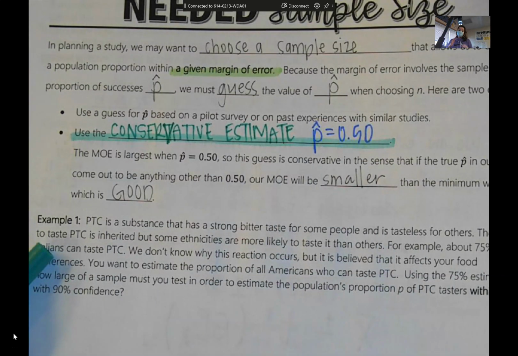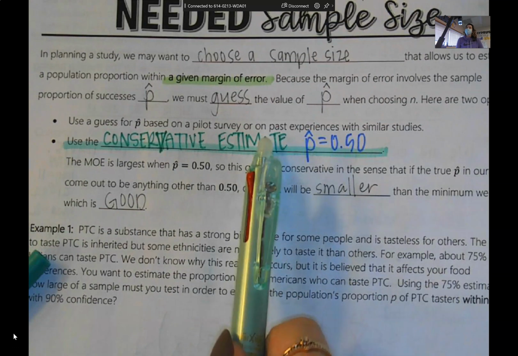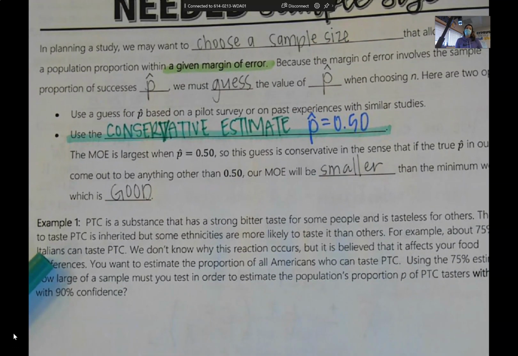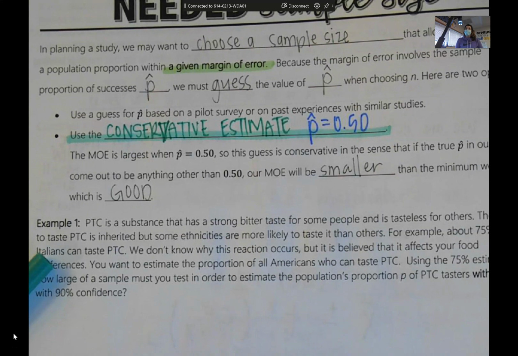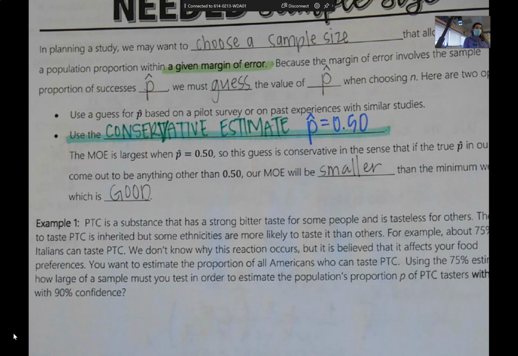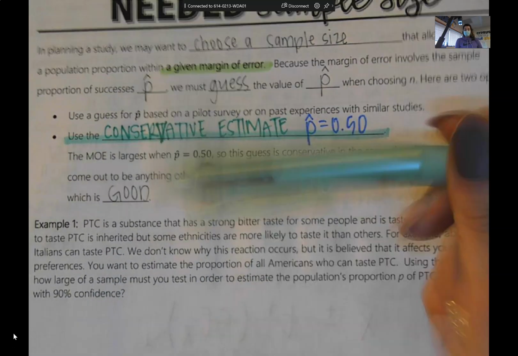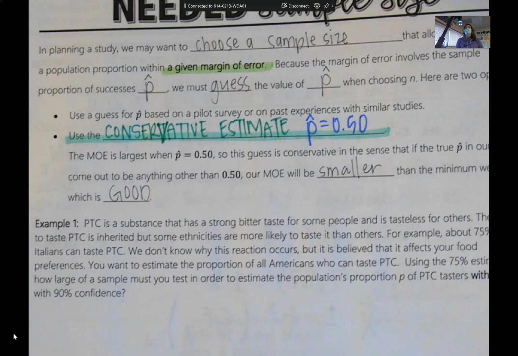So essentially what they're saying is that when we use the conservative estimate, it gives us the largest possible sample we would need. So no matter what we get for the true value, we're probably in a good place. They'll never ask you why you use p of 0.50. This is just there for those of you that wonder.